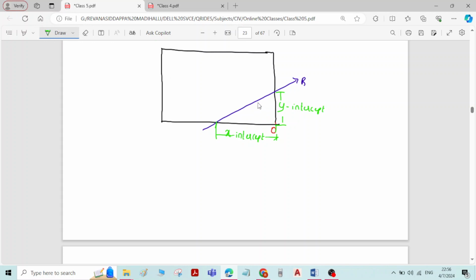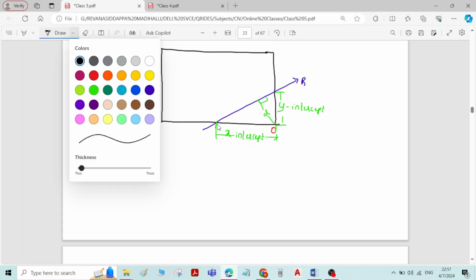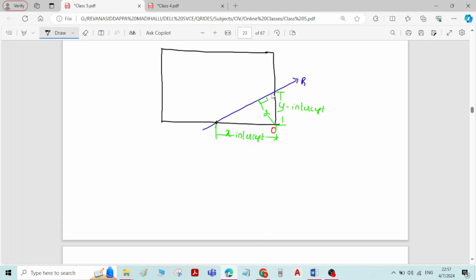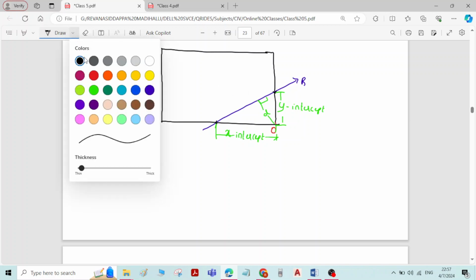If you know the x-intercept, y-intercept and d, we can mark these points. Joining both the points, we can predict the position of the resultant force. This is how we predict the position of the resultant force in case of a coplanar non-concurrent system of forces.